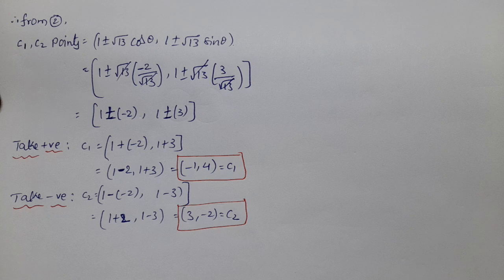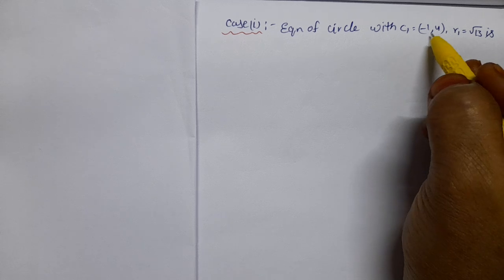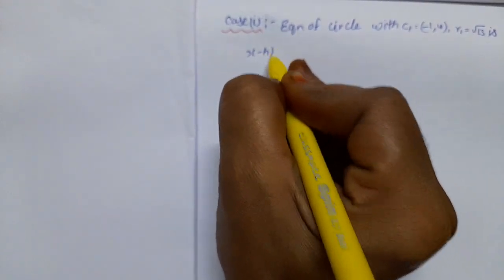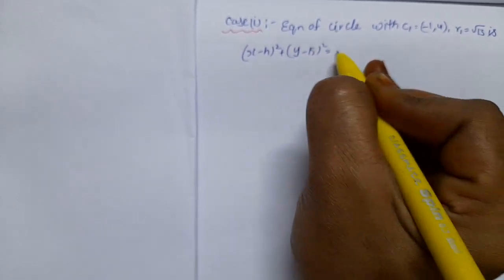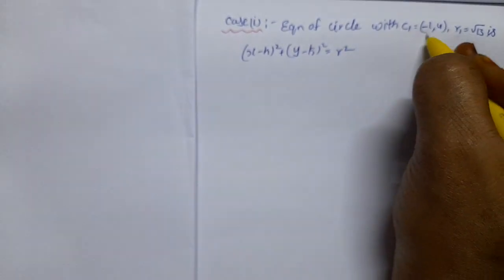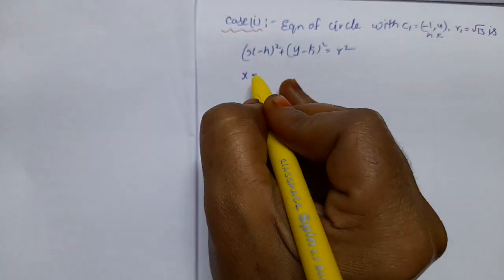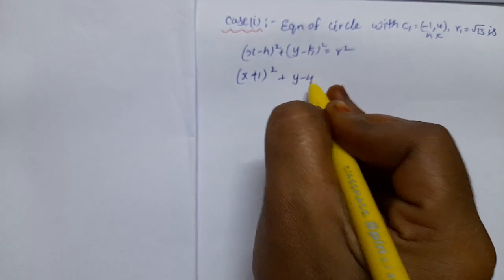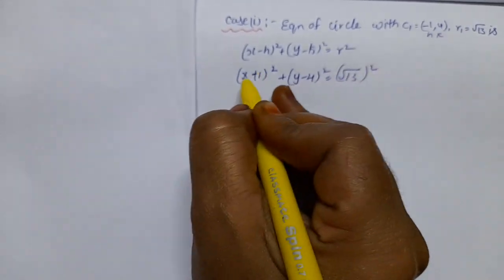Now, equations of circles. The equation of the circle with C1 (minus 1, 4) and r1 root 13 is (x minus h) whole square plus (y minus k) whole square equal to r square. This can be taken as (h, k). So (x plus 1) whole square plus (y minus 4) whole square equal to root 13 whole square.